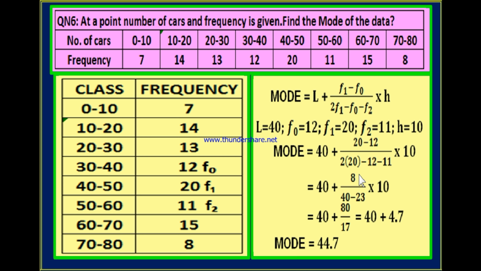This is 40 plus 8 tens 80, whole divided by 40 minus 23 is 17. Now if you divide 80 by 17, you may get 4.7. Now if we add 4.7 to 40, then the mode of the given distribution is 44.7.